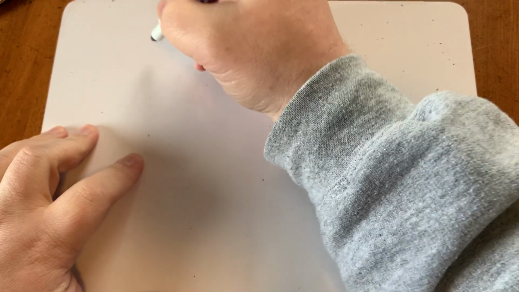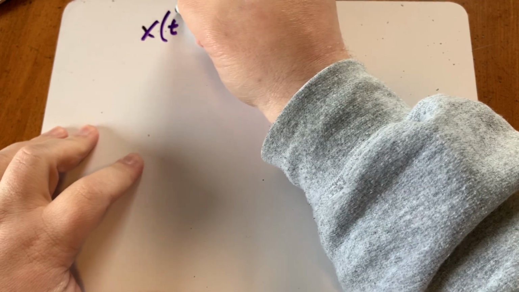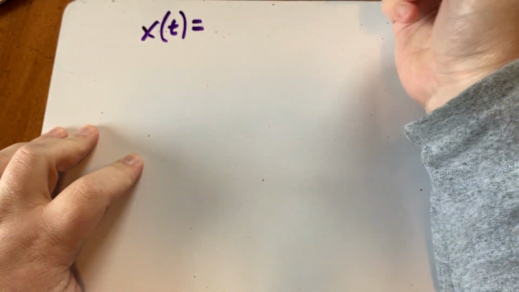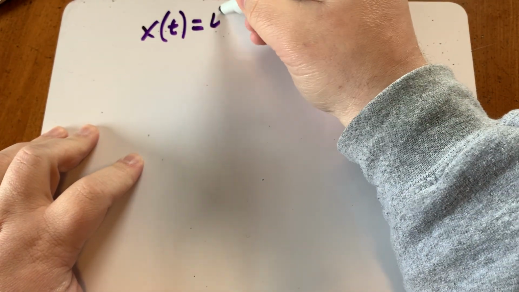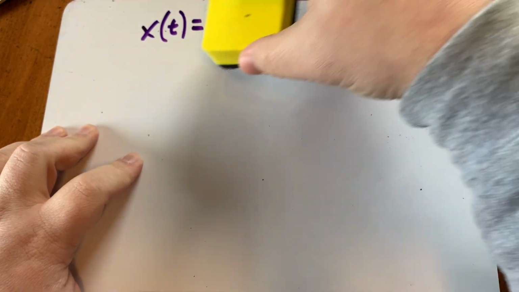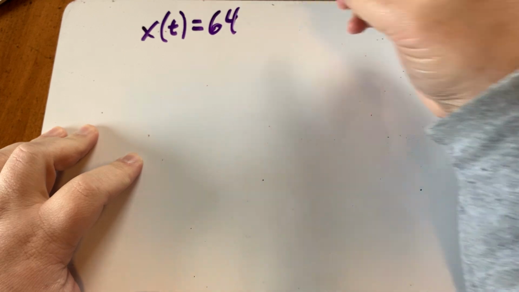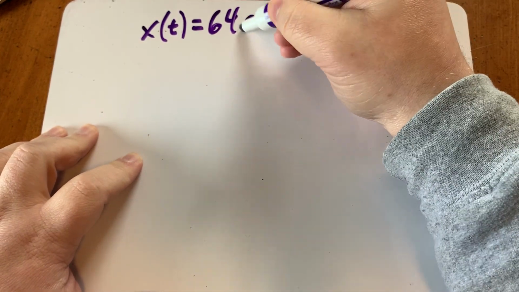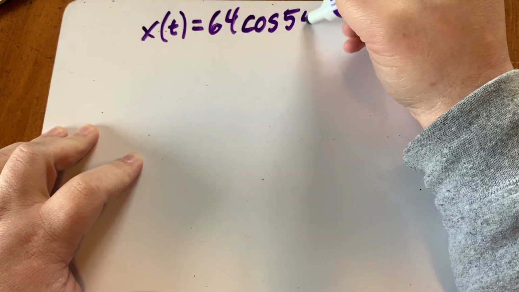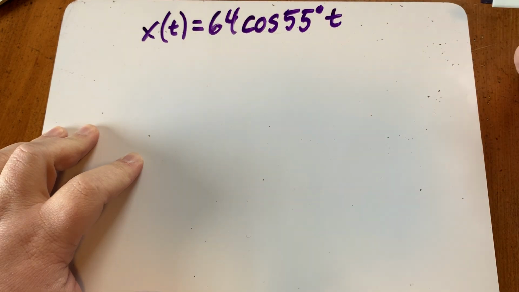So we've got these three pieces of information, and now we can write equations to model how this is working. If we want the horizontal equation, it's x of t equals the velocity, 64 feet per second, times the cosine of the angle, times t. So that's our horizontal equation.